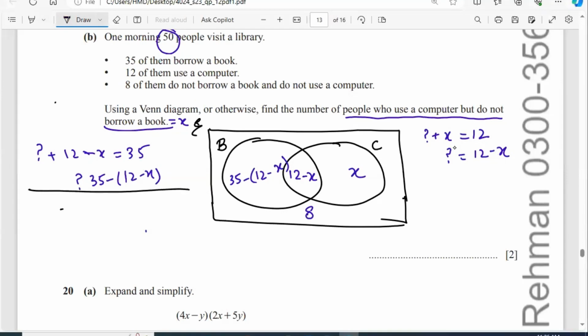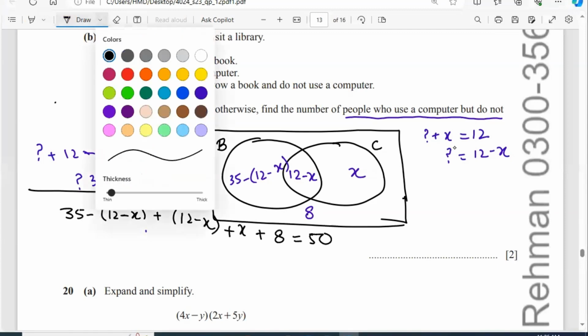Now I'm going to write the equation: 35 minus 12 minus X, plus 12 minus X, plus X, plus 8, is equal to 50.